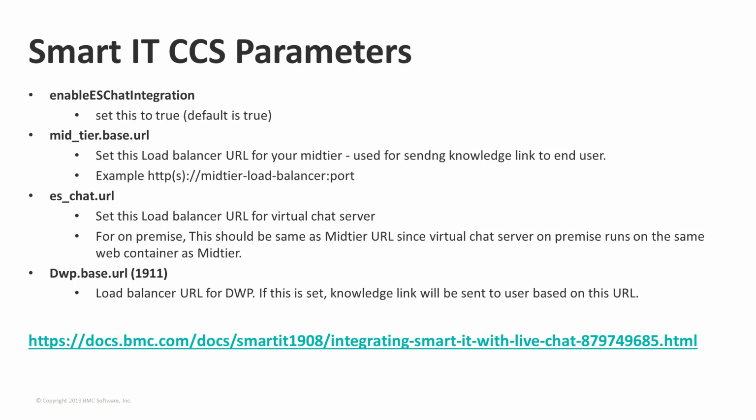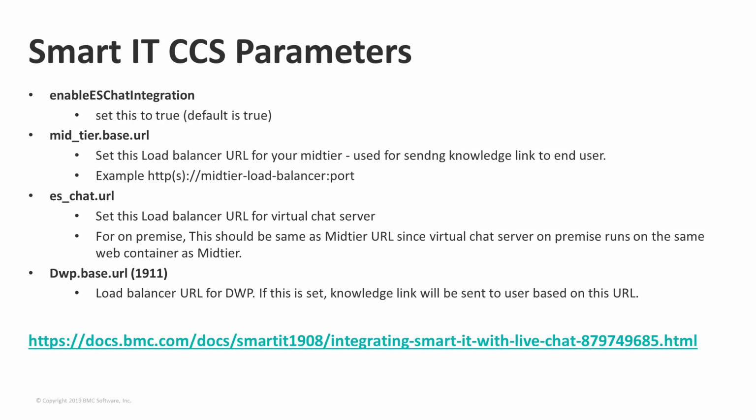Just because it is true, it doesn't mean the link will start appearing. The link will only appear if you are on VC 1908, and depending on the other three parameters, which are: Midtier base URL, this is the load balancer URL that you would configure for your Midtier. This is the URL that the product uses to generate the Midtier-based knowledge article link.